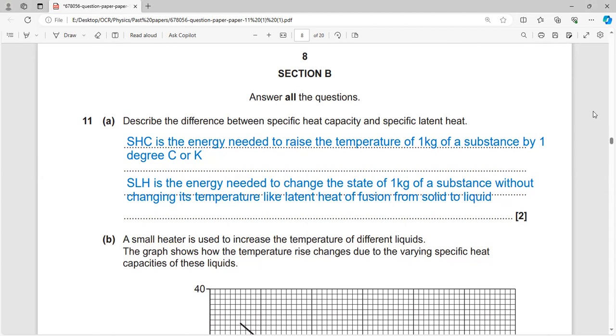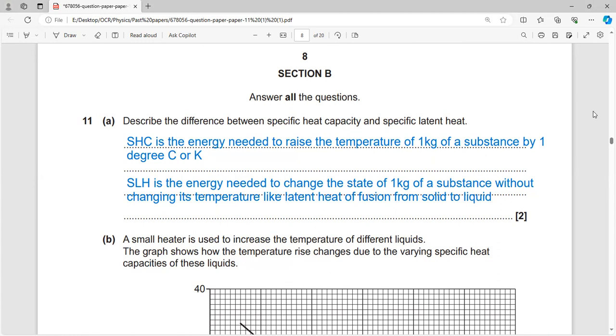Specific heat capacity is the energy needed to raise the temperature of 1 kg of a substance by 1 degree Celsius or 1 Kelvin. While specific latent heat is the energy needed to change the physical state of 1 kg of the substance without changing its temperature.